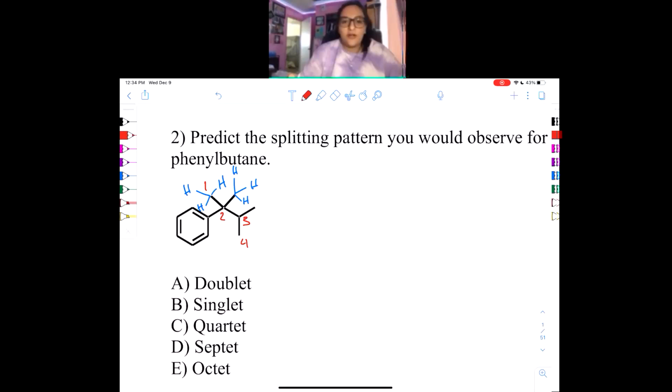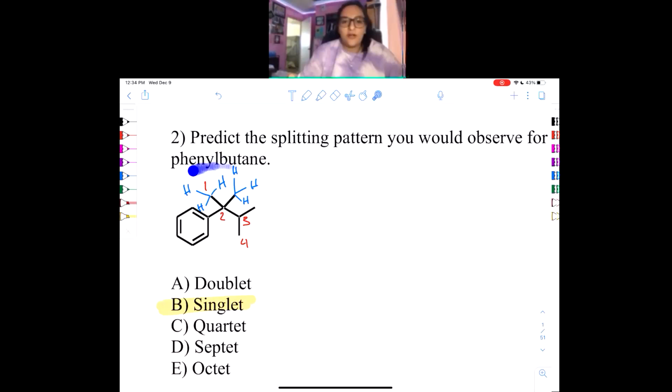So we're going to see if anything is within 3 bond lengths of those hydrogens. So 1, 2, 3, nope. 3, nope. So if there's no neighbors, we can call this what? Is it going to be a singlet, doublet, quartet, septet, octet? A singlet. Yes, I would agree.